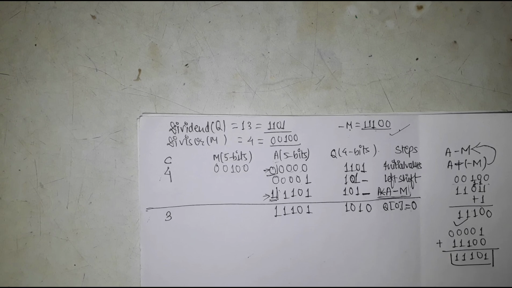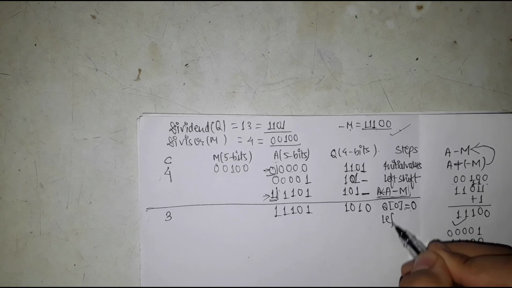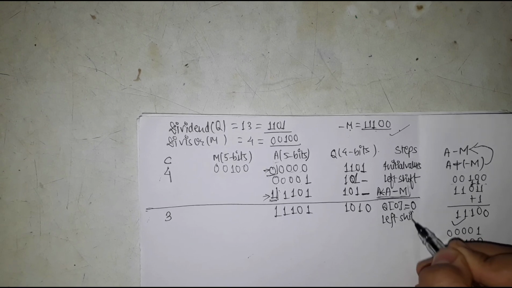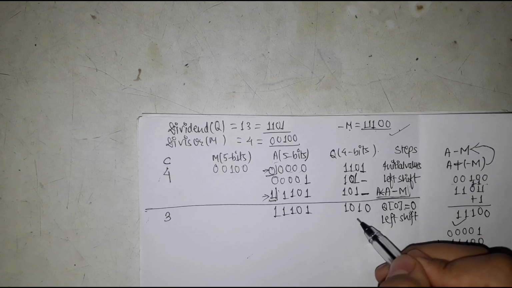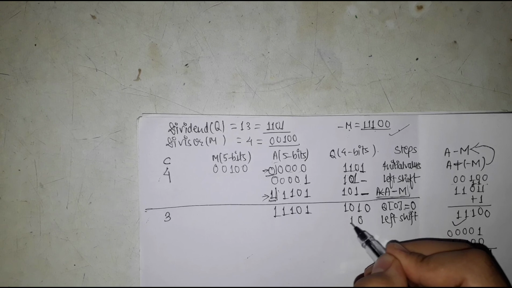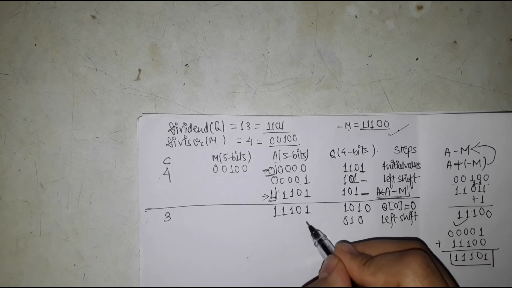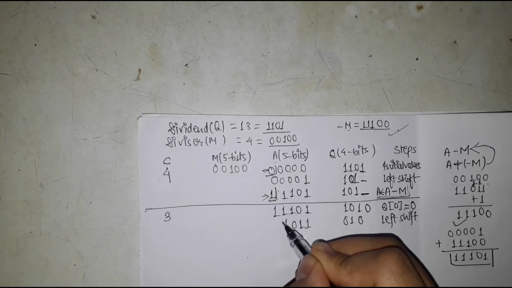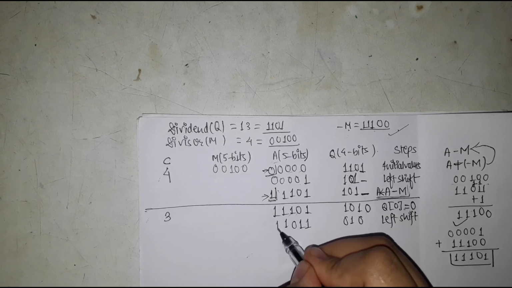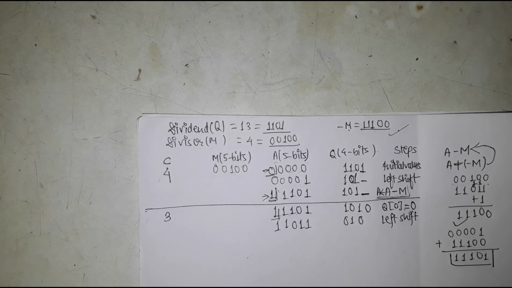Right after this, the thing you have to do is left shift. I've already told you how to left shift, yet I'll tell it one more time. You'll have to shift this 0 over here, this 1 over here, this 0 over here, this 1 over here, this 1 over here, this 0 over here, this 1 over here, and this 1 over here, and discard this first one.